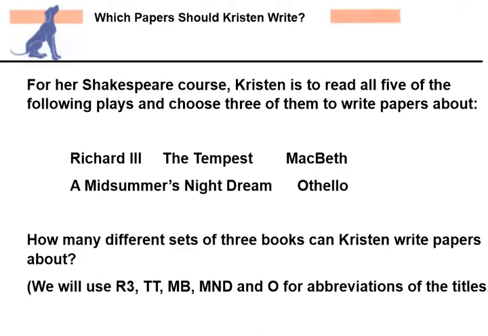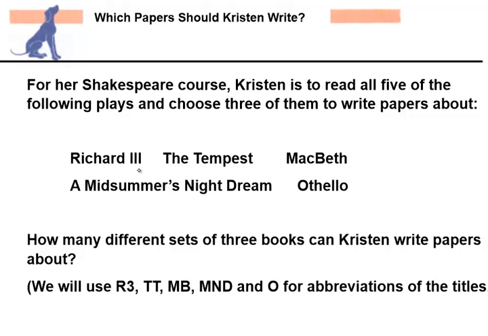So now let's look at the last problem. The last problem: for her Shakespeare course, Christian is to read all 5 of the following plays and choose 3 of them to write papers about. So here she has Richard III, The Tempest, Macbeth, A Midsummer's Night Dream, and then Othello.